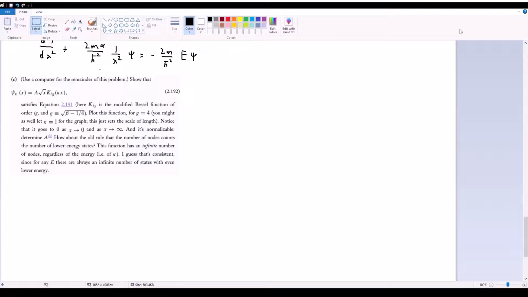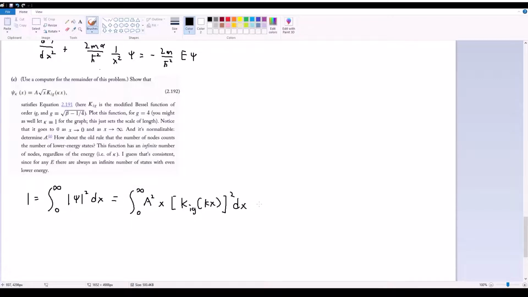Okay, so back here, I'm going to write out the full normalization solution, which is that we want to set 1 equal to the integral from 0 to infinity of the magnitude of psi squared dx. In that case, this is going to give us the integral from 0 to infinity of a squared multiplied by x times the square of the modified Bessel function of order ig of kx, squared, dx.